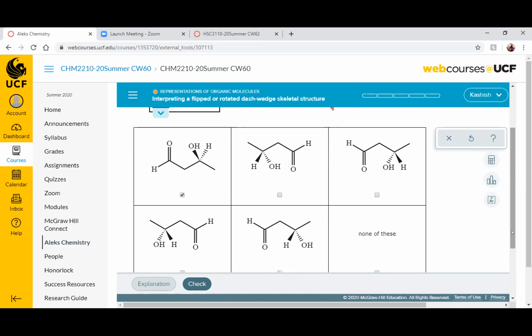So if you do have the molecular kit, that will definitely help with this. If you don't, what I would do is I would go online, go to, I think it's called MolView. I'll write it down. It's MolView. And that will definitely help you rotate that molecule around and figure out if these are right.